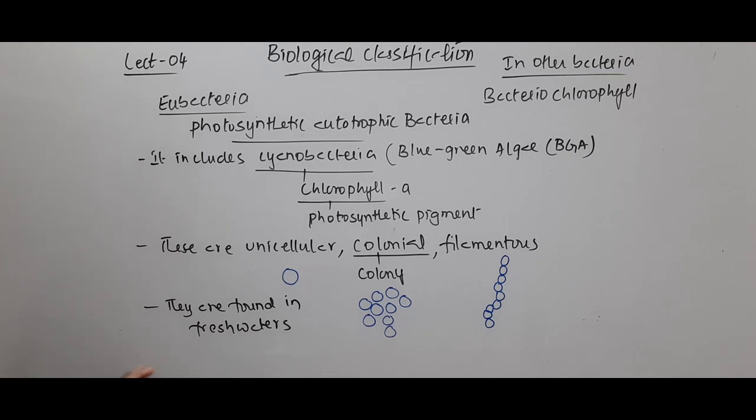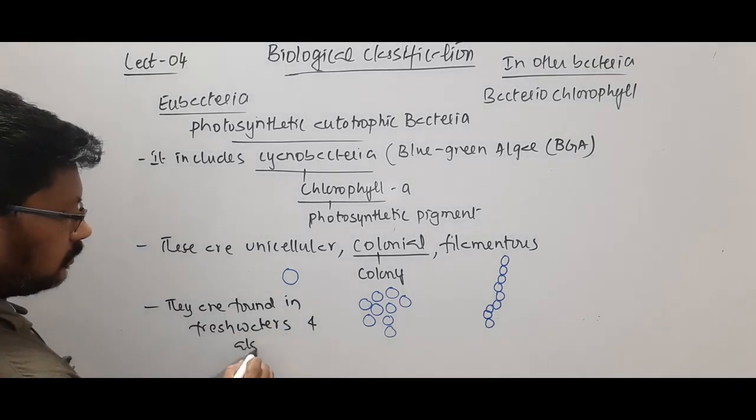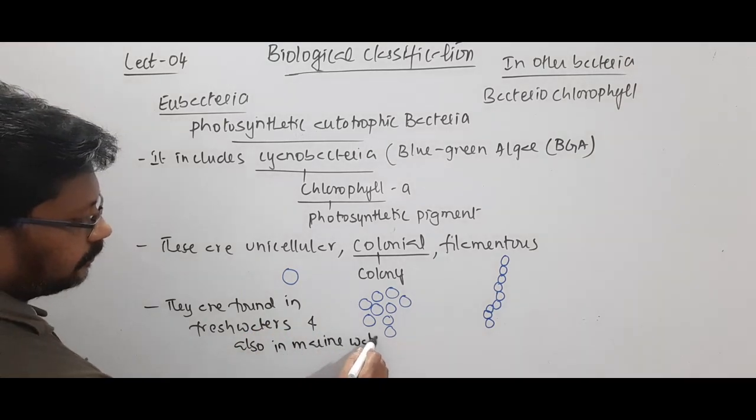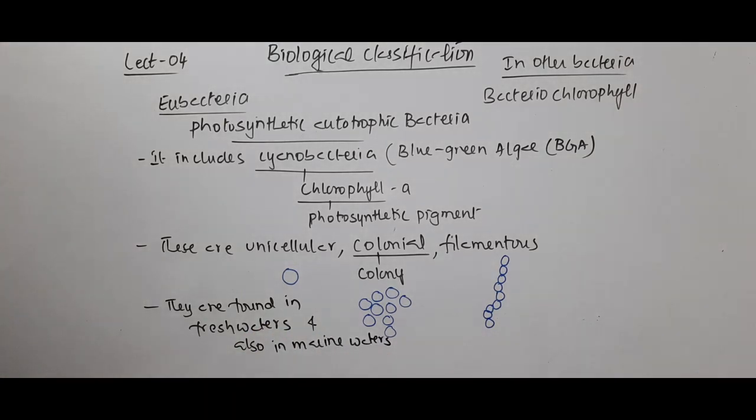The water present in these rivers, ponds, lakes, etc. is fresh water, having very little salt. They are also found in marine waters, which means even in seas and oceans, we find these cyanobacteria growing.